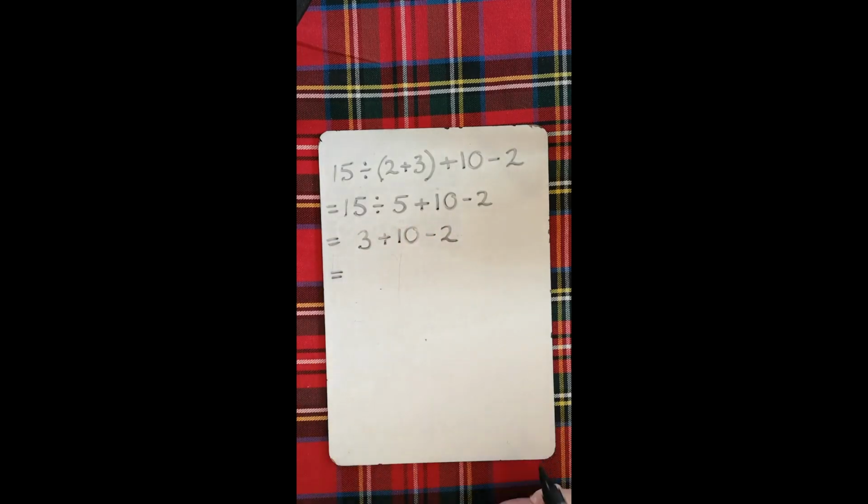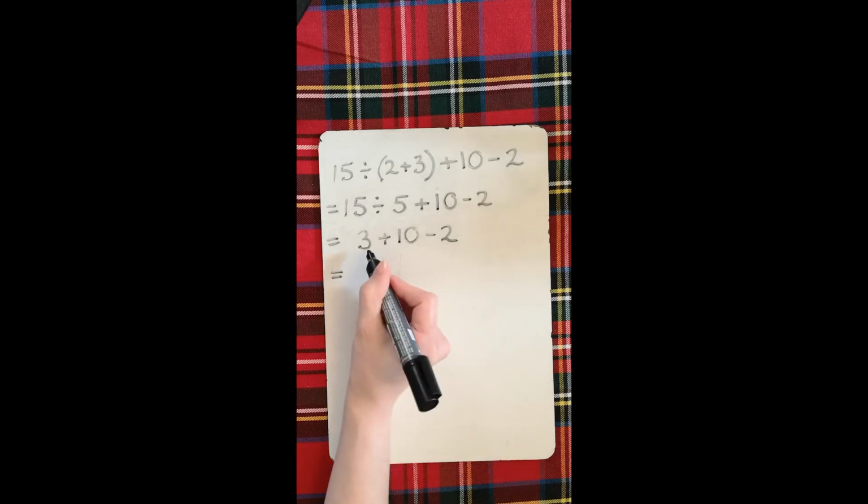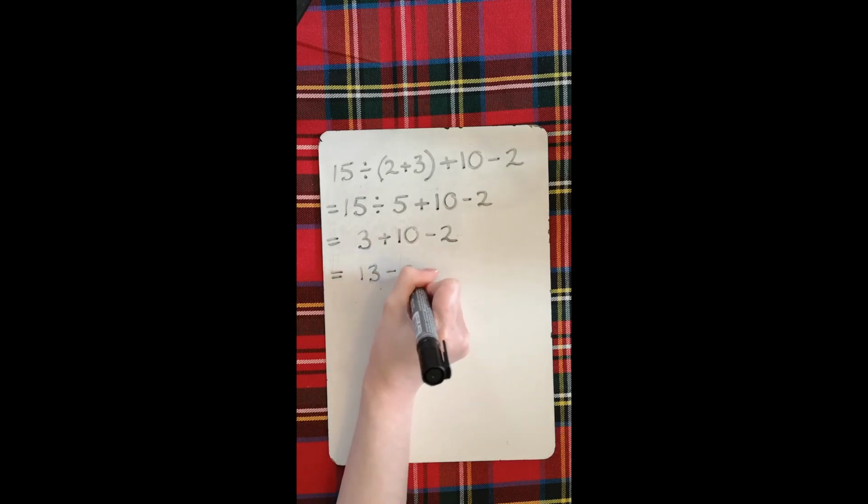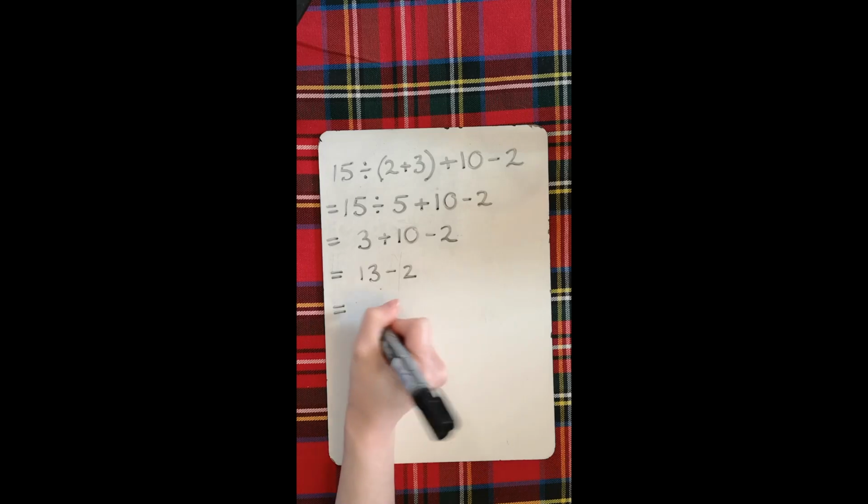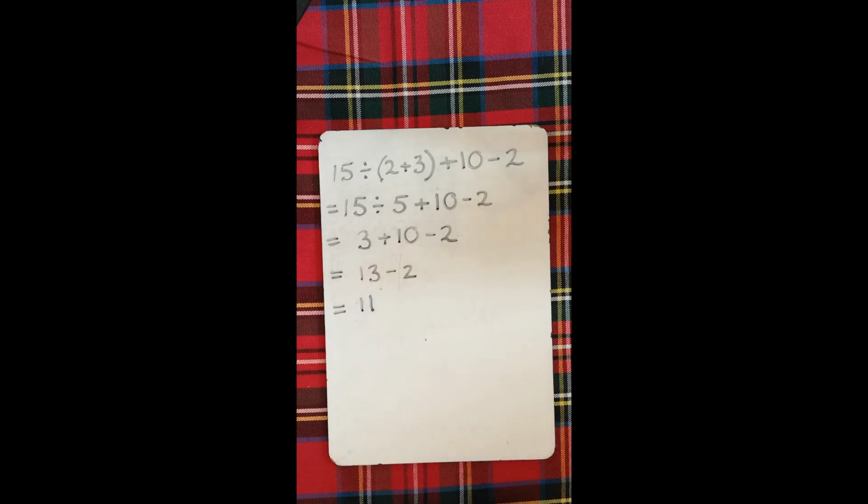And then finally we add and subtract. We know, like our multiply and divide, add and subtract are of equal importance. So therefore, like we did in the last example, we are just going to do them in order from left to right. So 3 add 10 is 13, take away 2, and 13 take away 2 leaves us with 11.